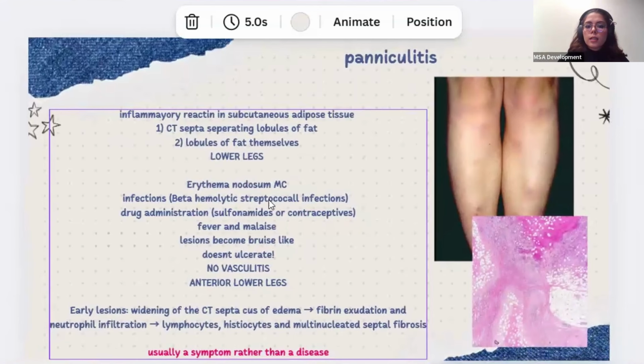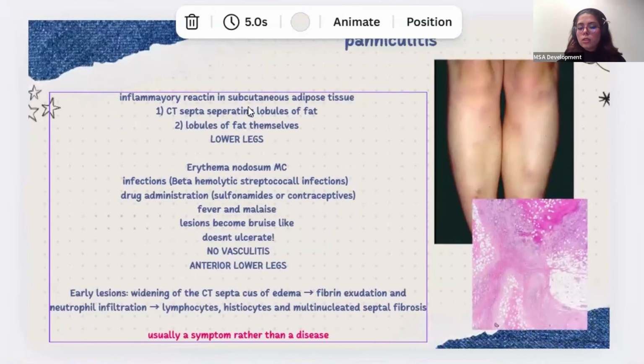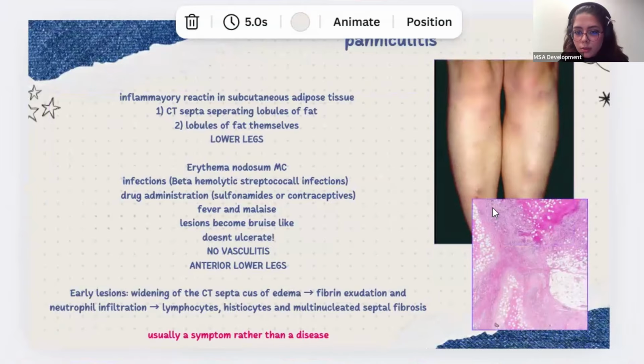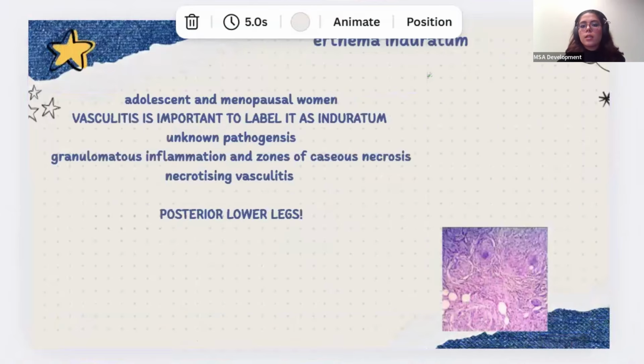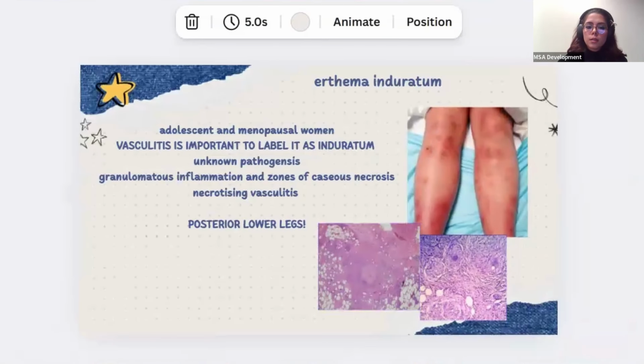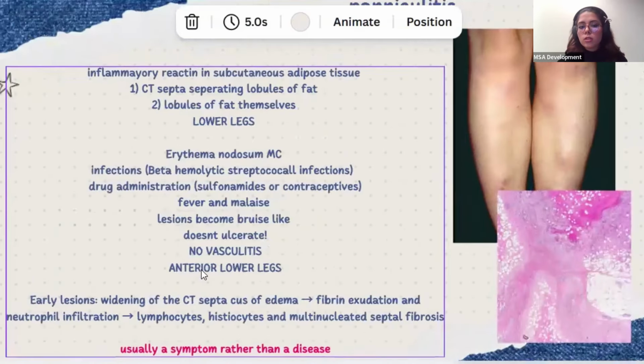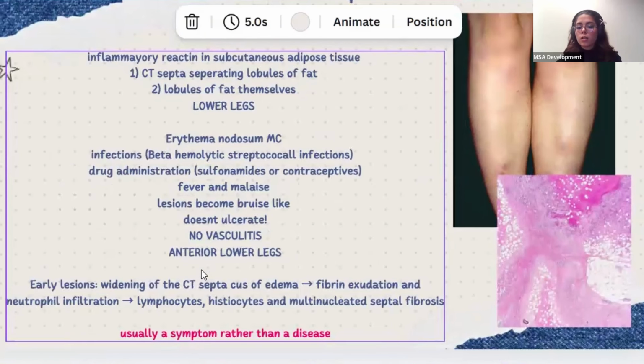Panniculitis is a reaction in the subcutaneous adipose tissue, specifically the septa separating the lobules, or the lobules themselves. You have erythema nodosum and erythema induratum. Erythema nodosum is due to beta-hemolytic streptococcal infection.